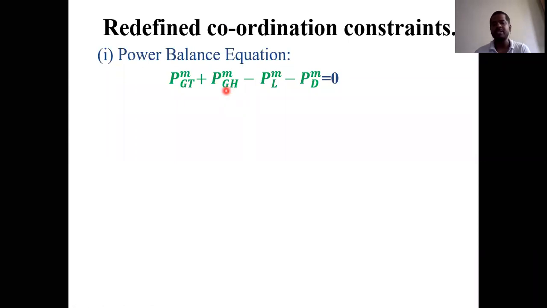For example, when considering m equals 5, PGH5 means power generated in the hydro power plant in the fifth interval. Similarly, PD5 means power demand in the fifth interval, and PGT5 is the power generated by the thermal power plant in the fifth interval. Like this, we can write our power balance equation from continuous to discrete. Already we know the meaning of PGT, PGH, PL and PD.